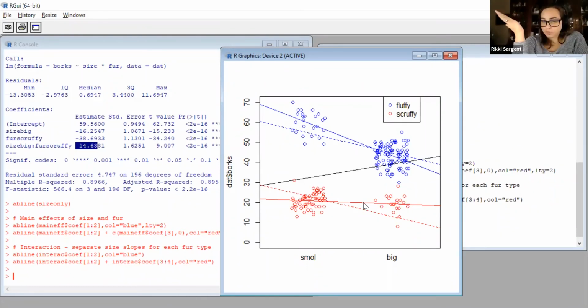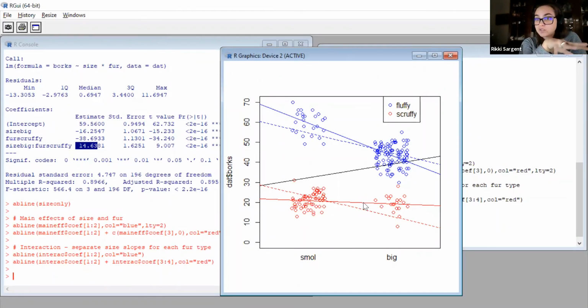And like you said before, because size and fur are correlated and they go hand in hand with this outcome variable a little bit, this is why looking at those main effects might be especially important, because you're getting a picture of that relationship between size and Borks that's quite different than if you were to completely ignore the fur, right?